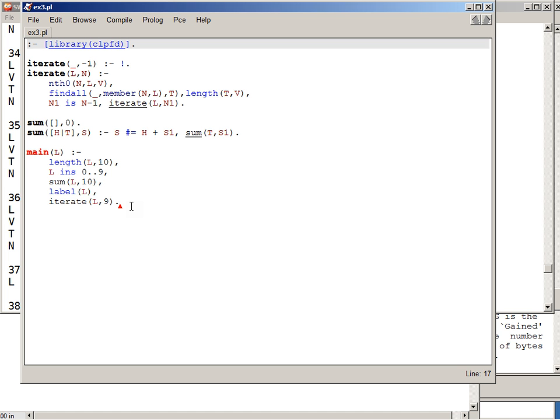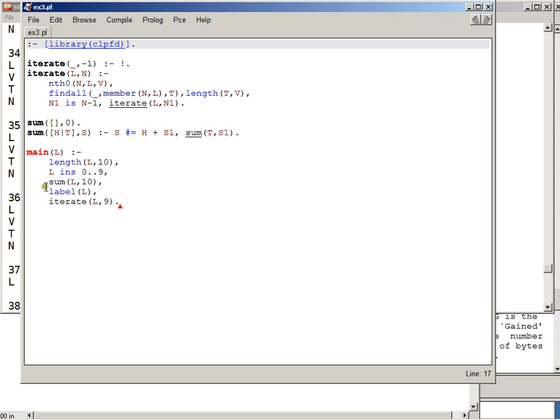However, this iterate predicate is based on findall, member, and length, which are part of the library, and they're not constraint based. They don't define constraints, they specify computation. Because of that, we cannot create relationships between variables using these predicates and then try to assign the variables. So we have to do the labeling first.